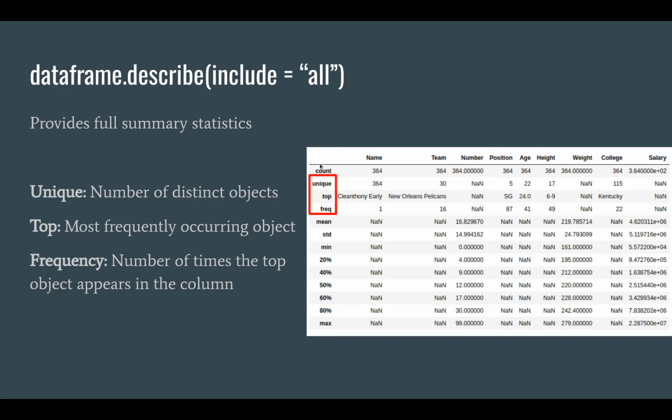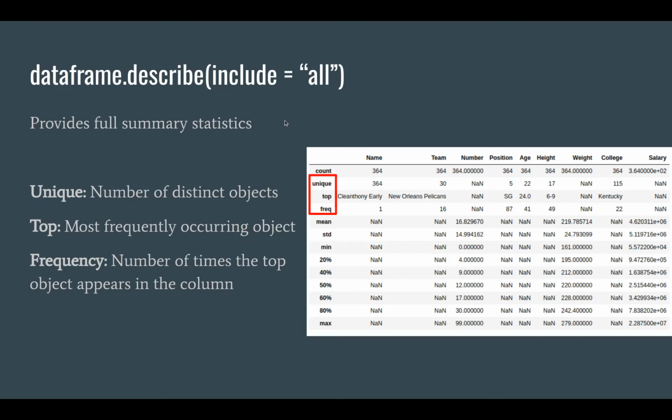Like you might notice unique, top, and frequency. So unique is the number of distinct objects in the column, and top is the most frequently occurring object. If you are familiar with statistics, top is also called mode, and frequency is the number of times the top object appears in the column.